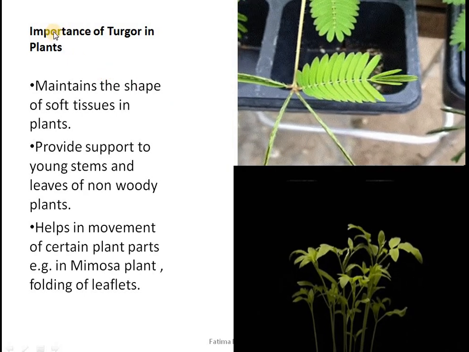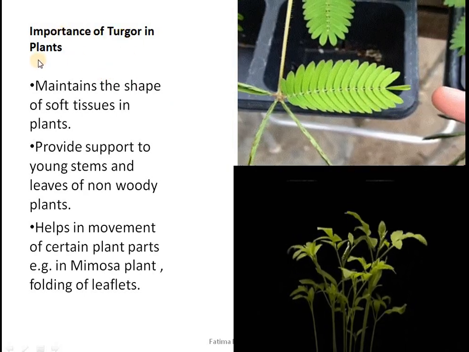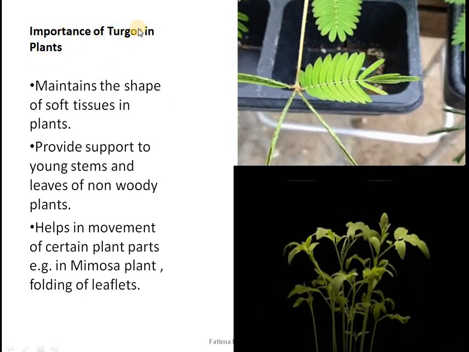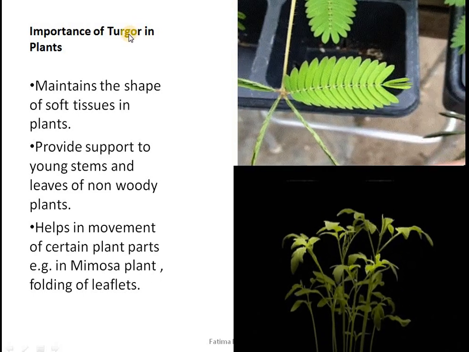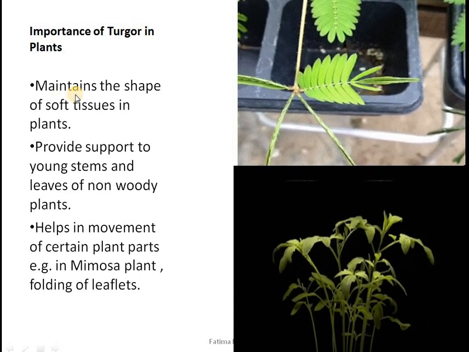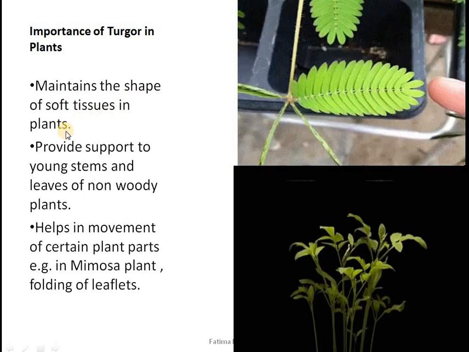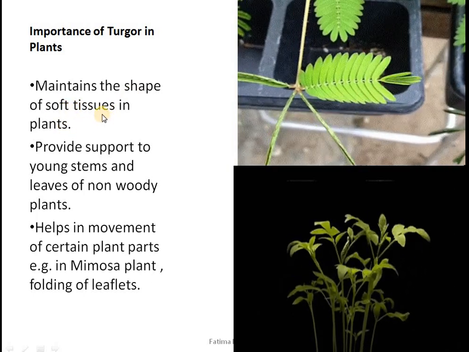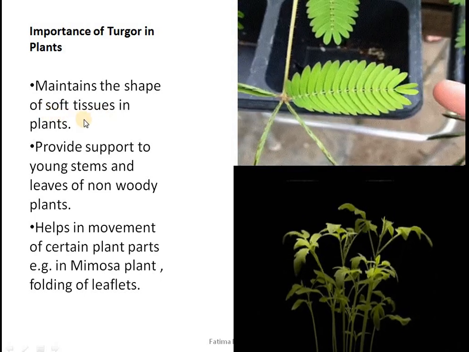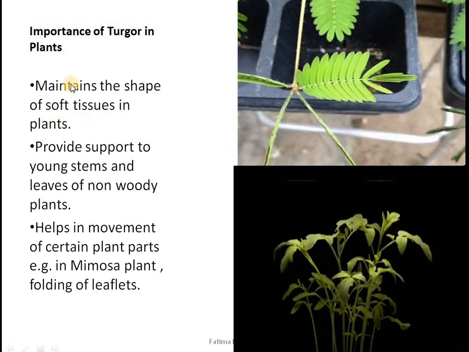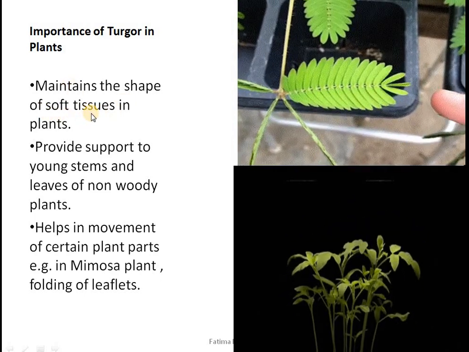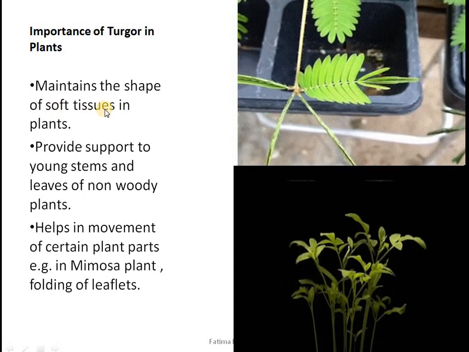Okay, now we have to see the importance of turgor in plants. What is the importance of turgor in plants? The first point is that it maintains the shape of soft tissues in plants. Wherever soft tissues are present, where there is no wood, turgor will provide support to these tissues which have no supporting structures.